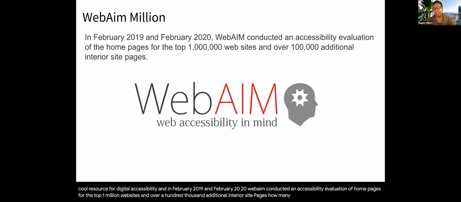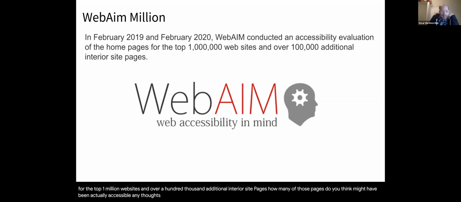How many of those pages do you think might have been actually accessible? Any thoughts? 10%? Yeah, not quite that high.